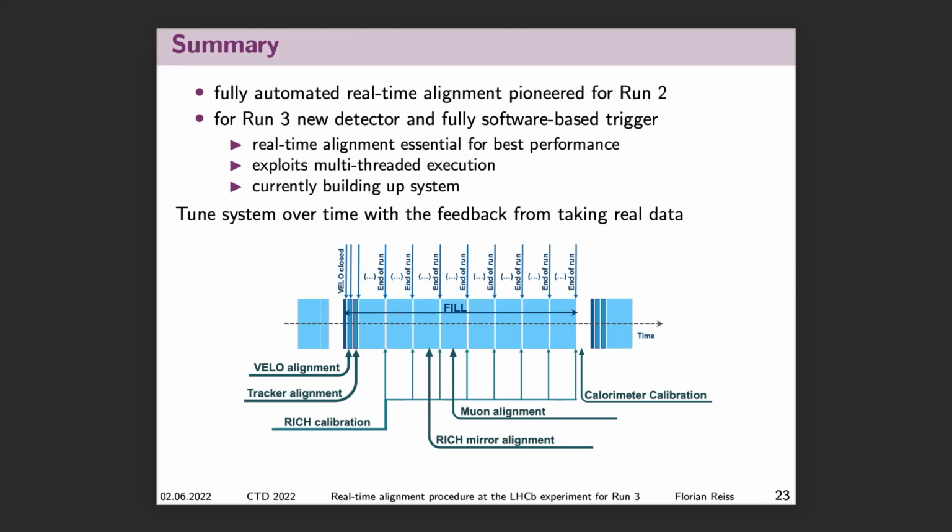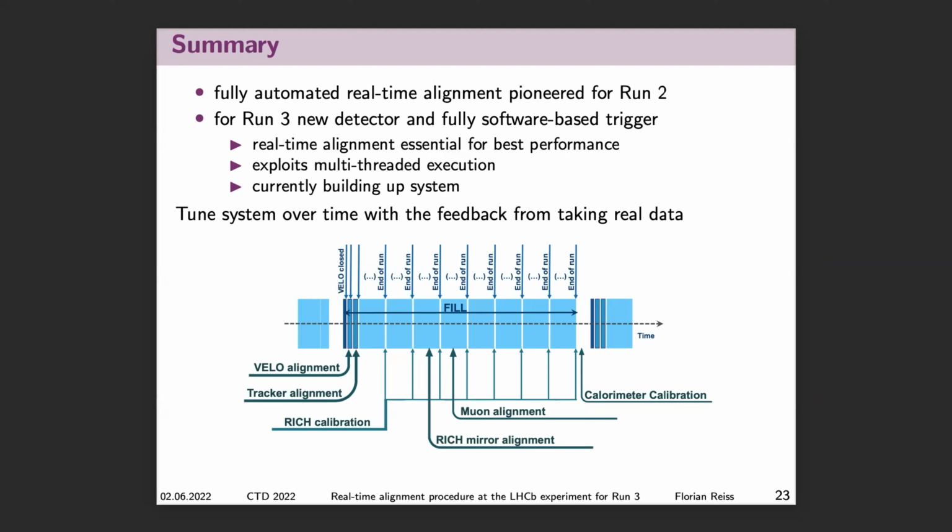Okay, and just out of curiosity, do you align all the degrees of freedom that you have all at once, or do you have some staggered, different levels of alignment? Yes, we're still finalizing exactly the configuration, which degrees of freedom to align for and in which order and so on.